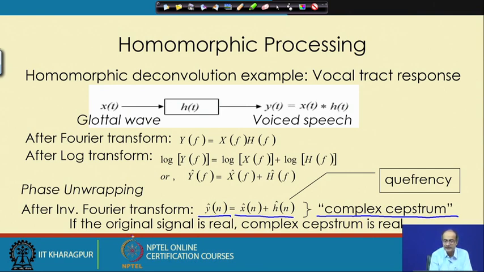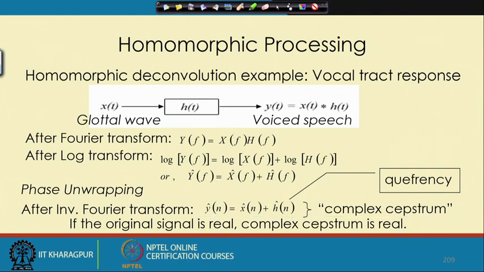If the original signal is real, which would be the case for a biomedical signal, the complex Cepstrum is also real. That is one of the properties that makes life simple in many cases. We will see later how that can help us.